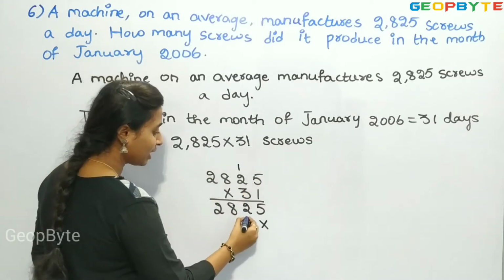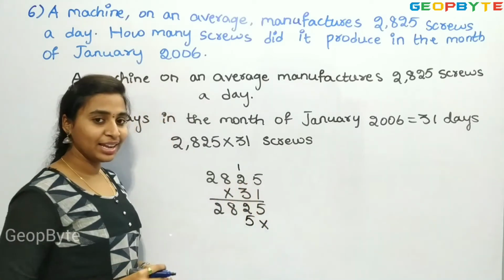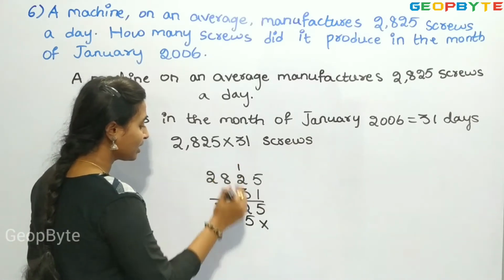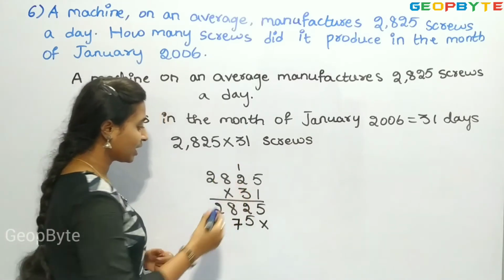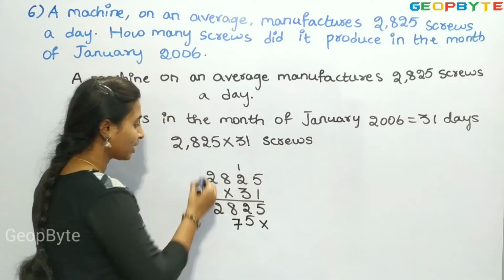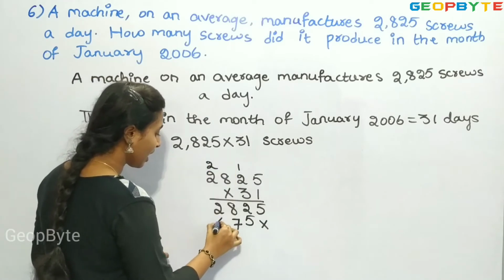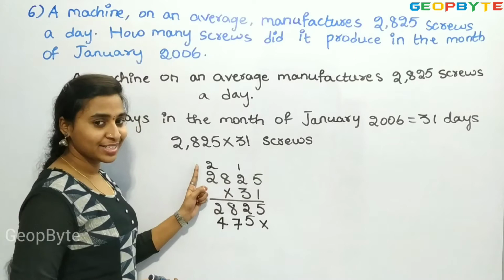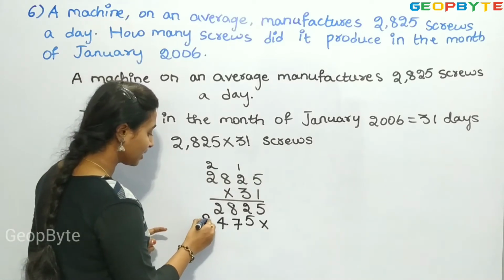Carry the 1 here and 5 here. Now 3 2s are 6 plus 1, 7. Write the 7 here. Now 3 8s are 24. Write 4 here and carry 2. Now 3 2s are 6, 6 plus 2 is 8.